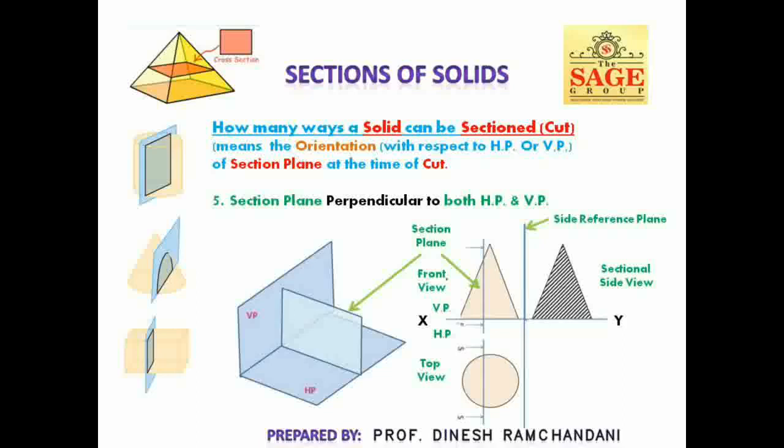Here it is clearly seen that section plane is making an angle of 90 degrees to both the reference planes, that is HP and VP, and both front view and top view show section line by passing of section plane, but none of the views carries section or new surface generated, and here we will find the section in side view only.